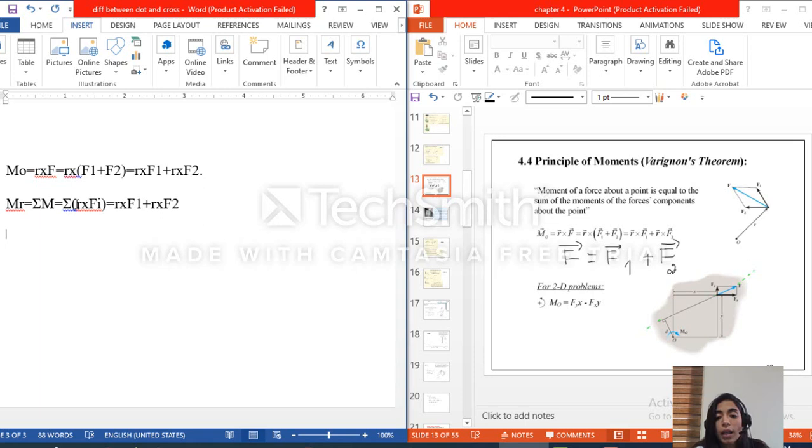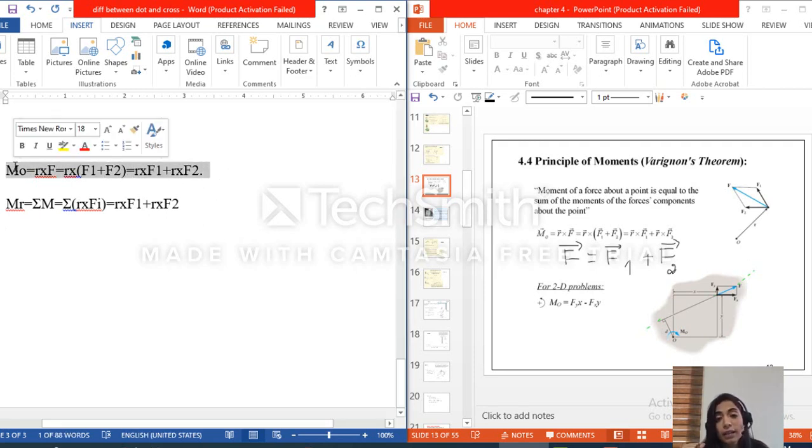However, for this slide, I need to apply this rule for the problems of 2D. How? Let's see how.